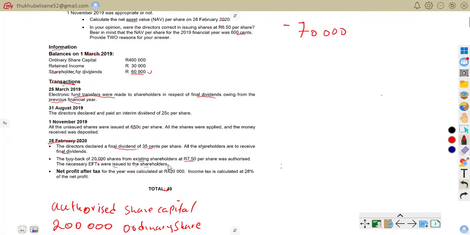So meaning here we buy back shares. As a company, we buy the shares back into our company. What we are going to do here is show the calculation whereby we buy back 20,000 shares at 7.50 Rand. So we're going to say 7.50 Rand multiplied by 20,000.